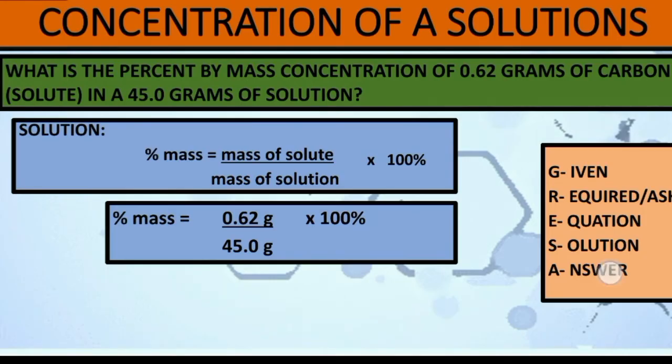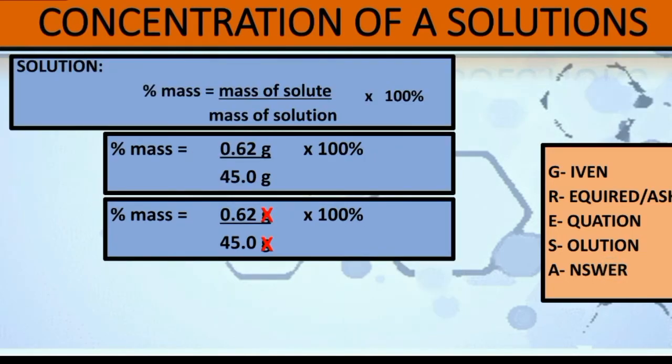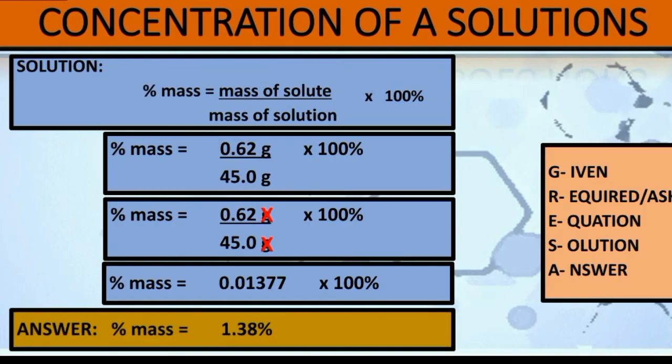After that, we have to cancel out the unit, grams, and then do the operation. 0.62 over 45.0 is equal to 0.01377 times 100%, that would be 1.38%. And that is already the answer.